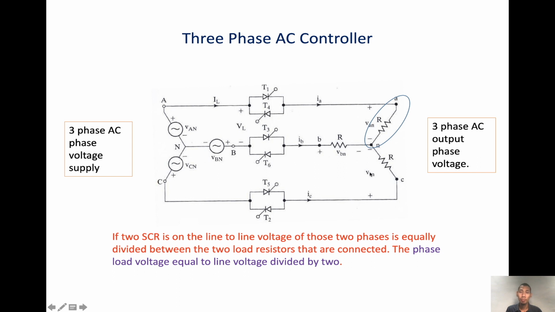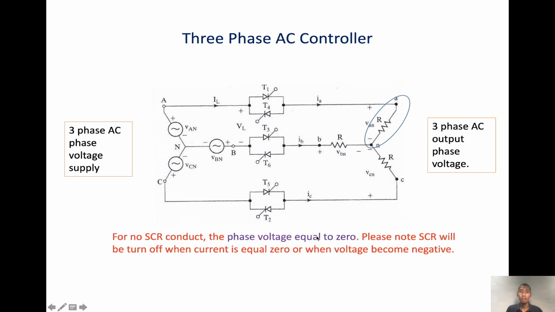So I repeat, when 2 thyristors are on, the voltage VAN is half of the line to line voltage of A and B. And the third scenario, when no thyristor is on, the output voltage is 0. Please note that the thyristor will be turned off when the current equals 0 or when the voltage becomes negative.